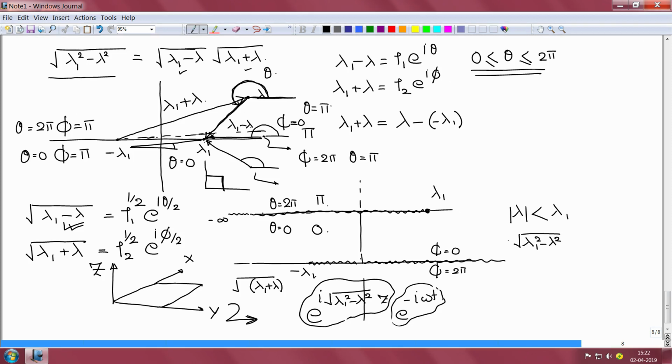With an I in front and a z with an exponent minus I omega t, this is a wave propagating in the z direction.